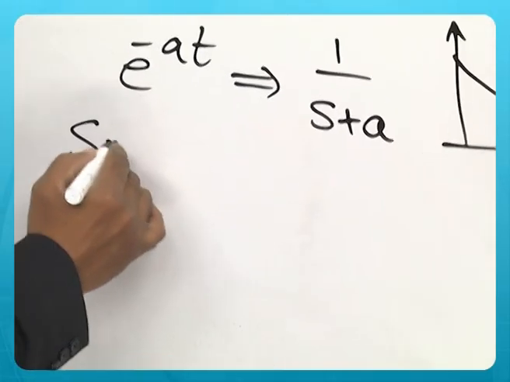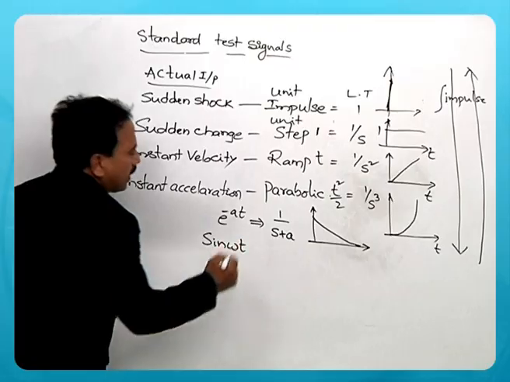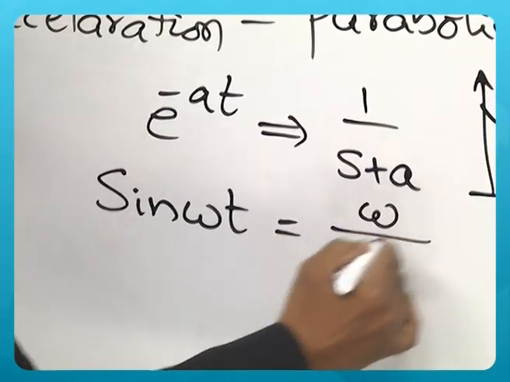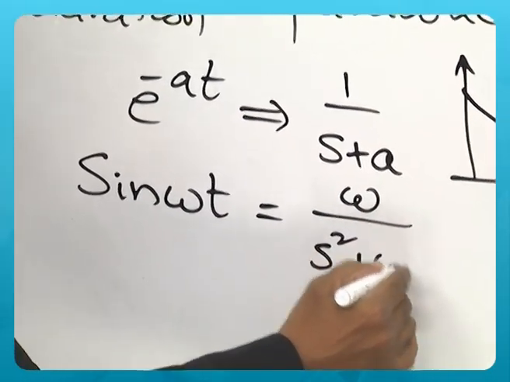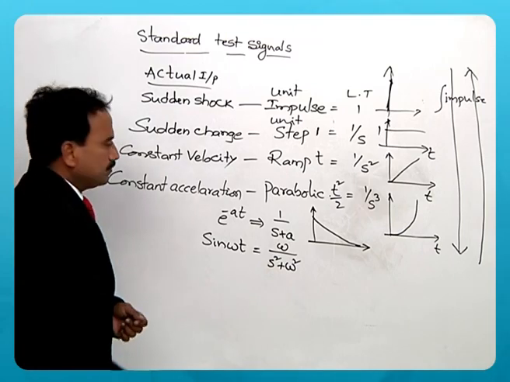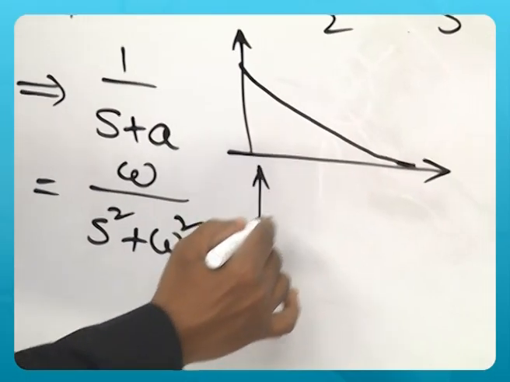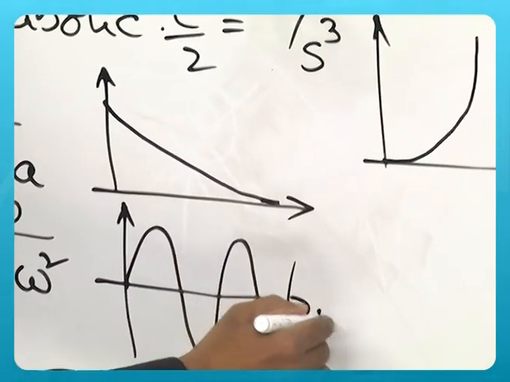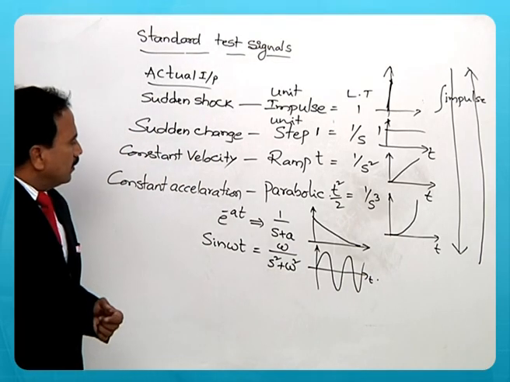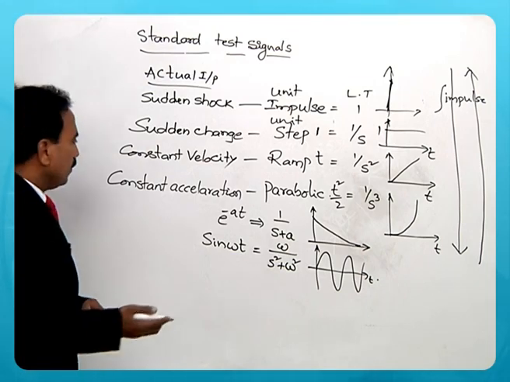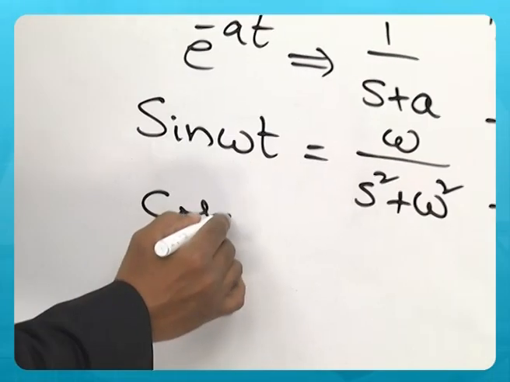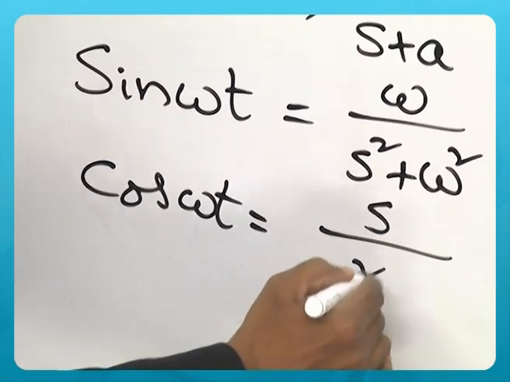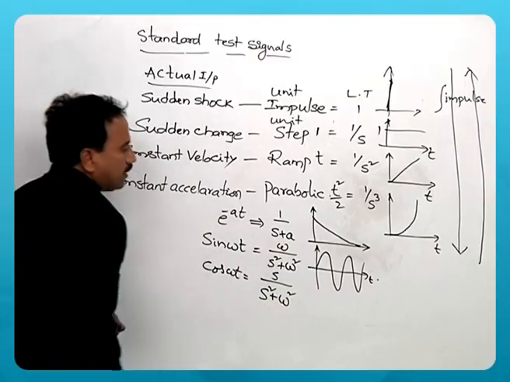You may find a signal as sin omega t. The Laplace transform of this is omega by s square plus omega square, and it is a sine function. And you may have a cos function also. The Laplace transform of that is s by s square plus omega square.